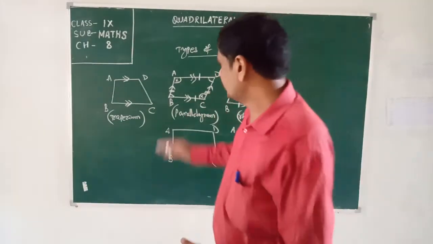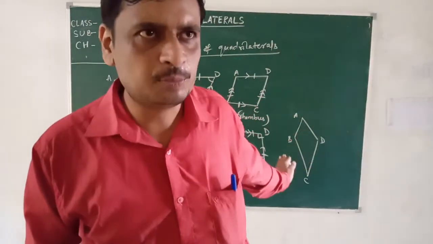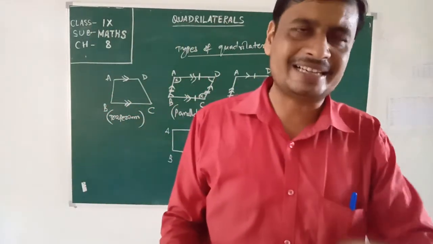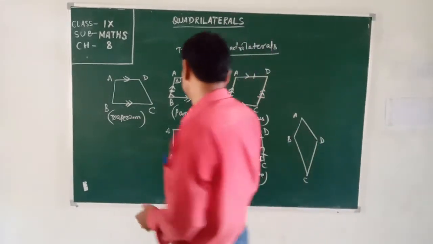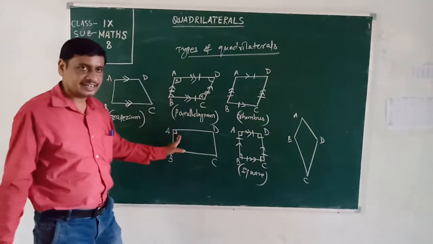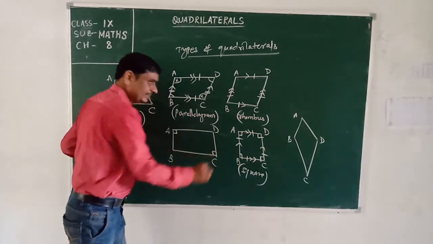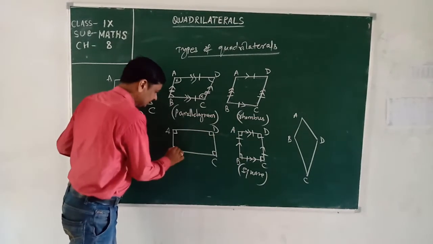In case of parallelogram, if one of these four angles becomes 90 degree, then it becomes a rectangle. This one is said to be a rectangle. If this one is 90 degree, this one is also 90 degree, and these two angles are also equal, both becoming 90.